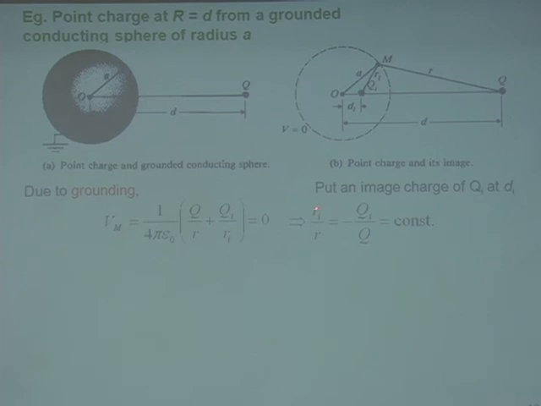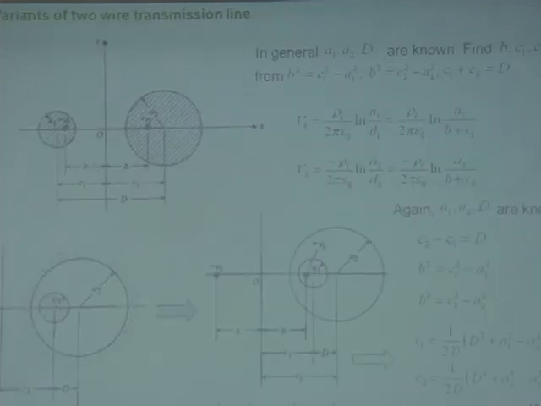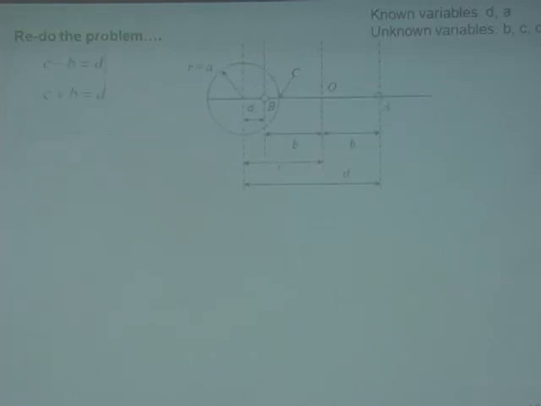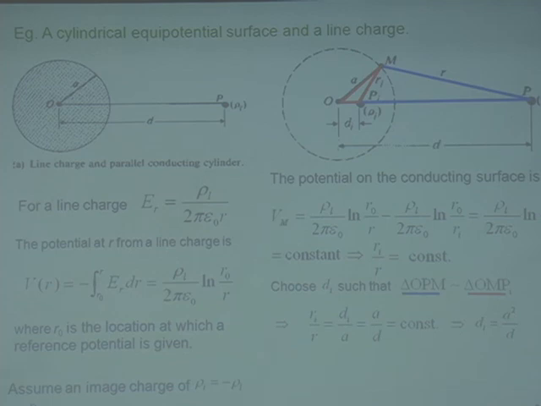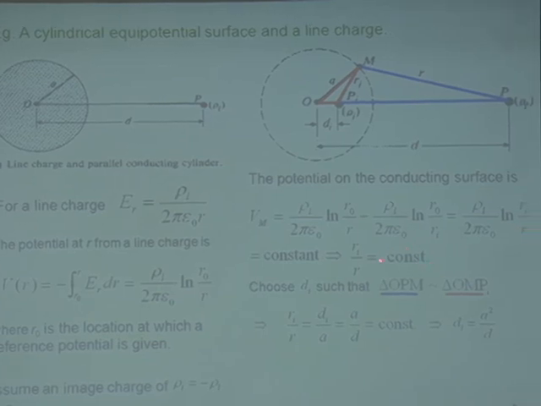Well, if you set Ri over R to be a constant, then this problem returns to the problem you had before for a line charge. Earlier, we had a problem that required Ri over R to be a constant. So the same problem. Okay.